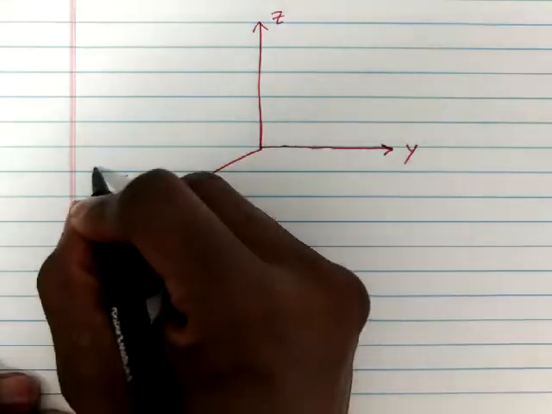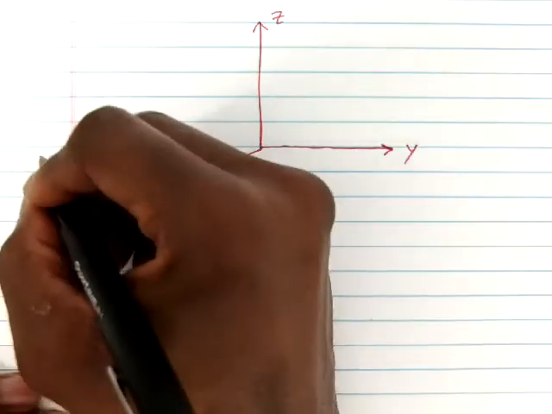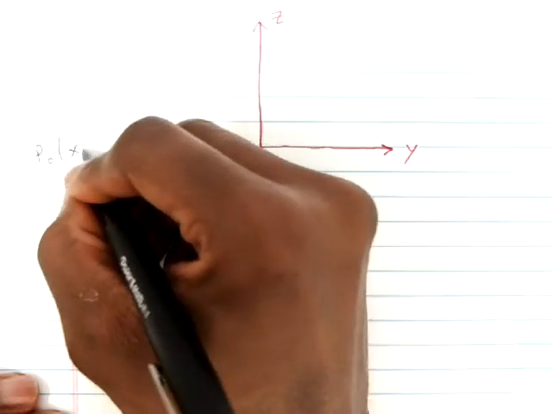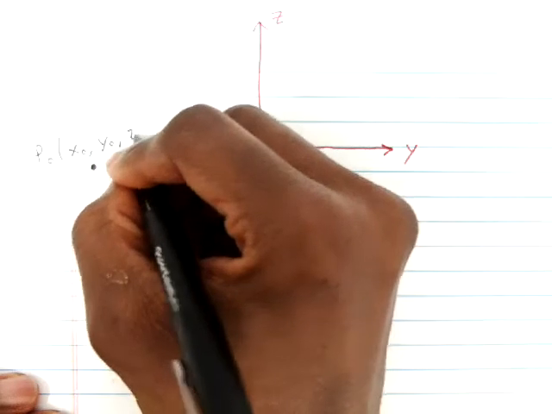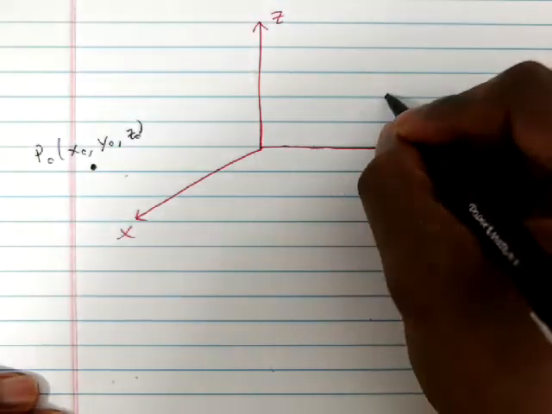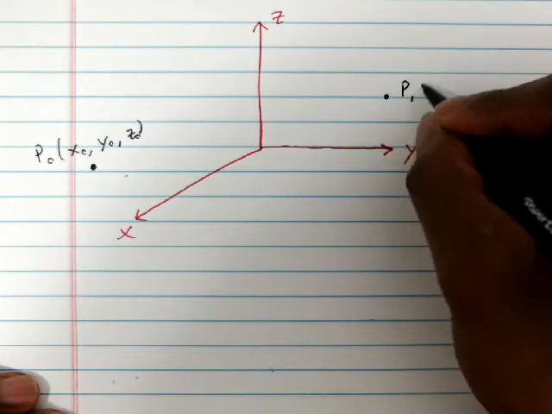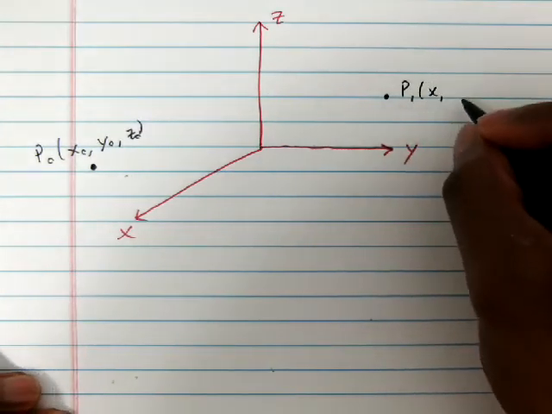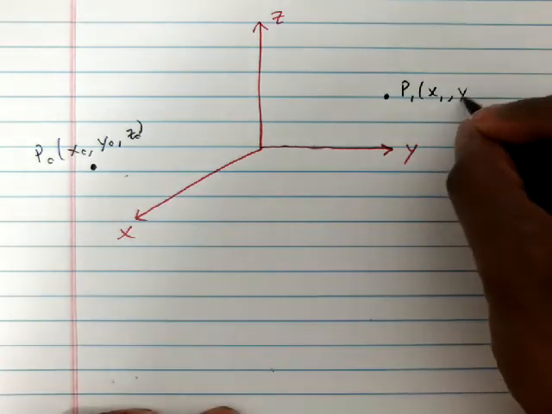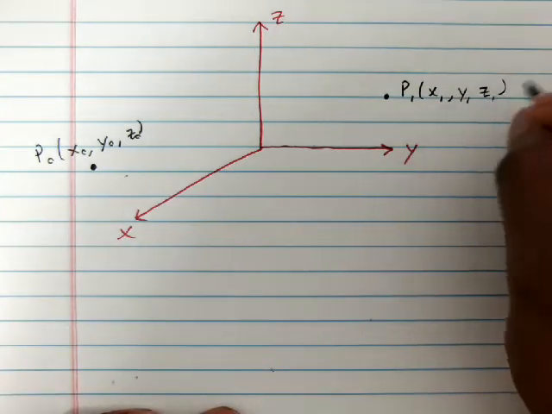We had some point P naught with coordinates x naught, y naught, and z naught, and then another point P1 with coordinates x1, y1, and z1.